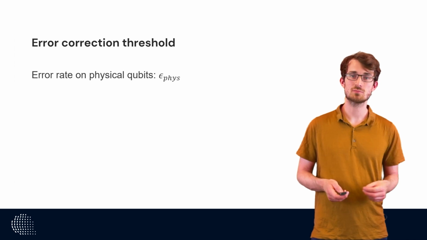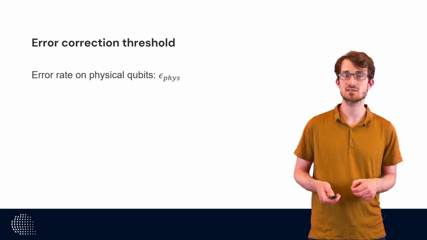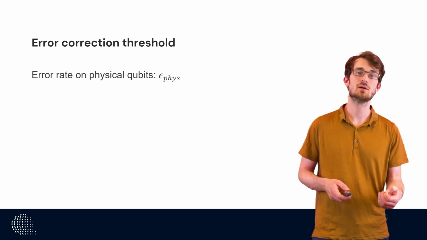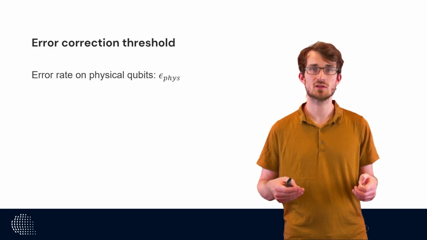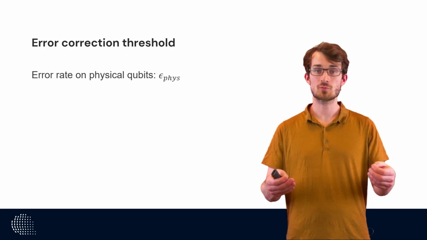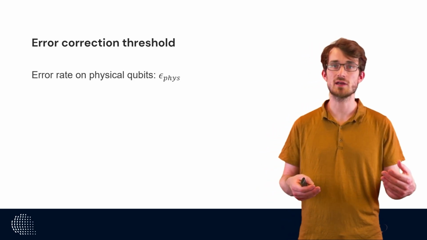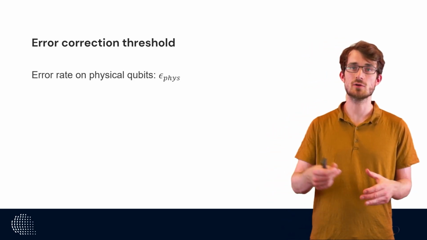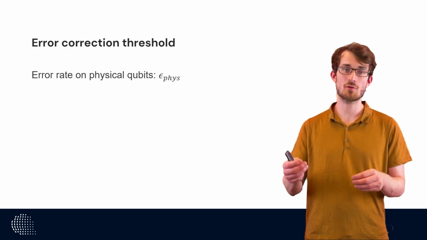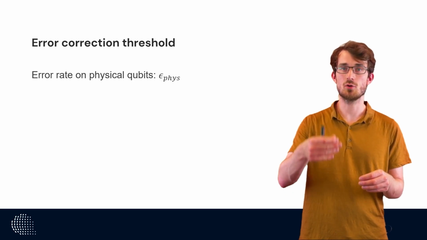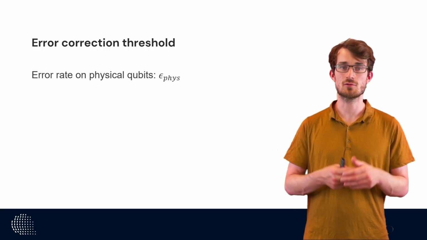To make it slightly more tangible what this means in practice, we can consider a system where our physical qubits can do operations with an error rate epsilon phys, where error rate here means every time we do an operation, there will be a probability that there's an error, and that is the error per operation.